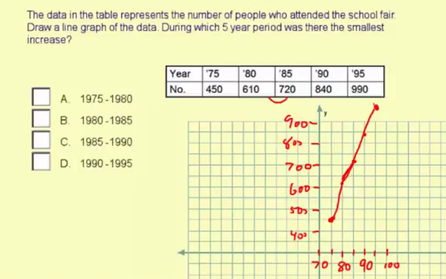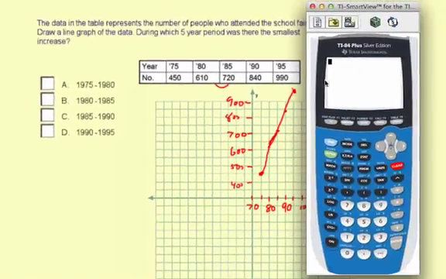And you know what, I'm going to use my calculator to verify this. I'm just going to do some quick subtraction here. Between 80 and 75, it was 610 minus 450. So we're looking at 160 right here. And then from 85 to 80, 720 minus 610 looks like 110.